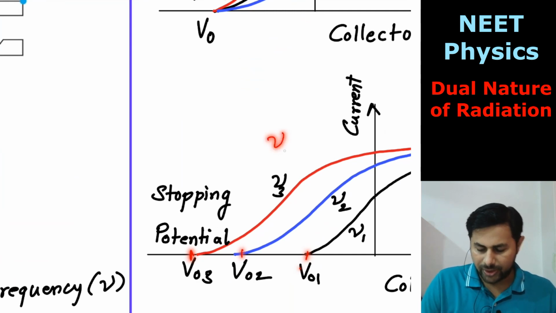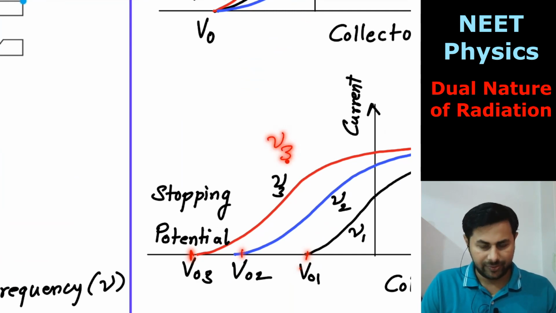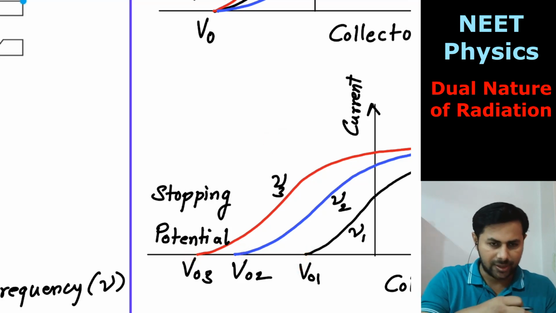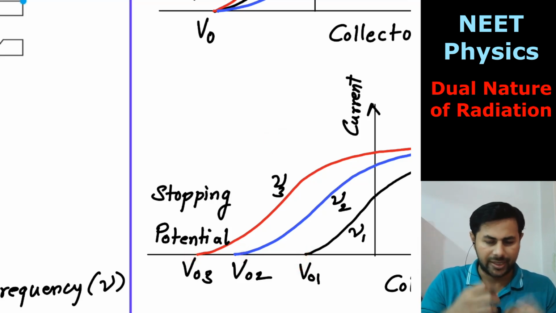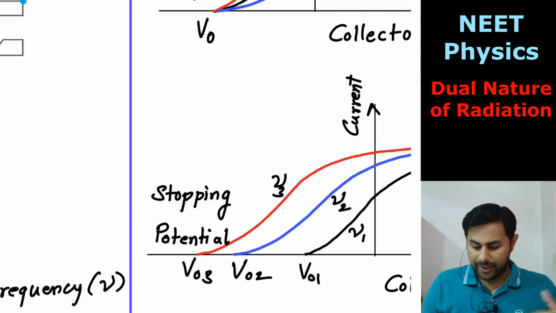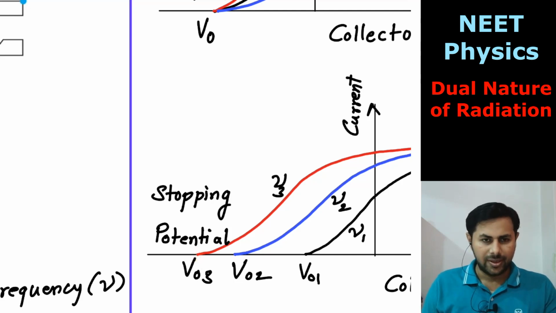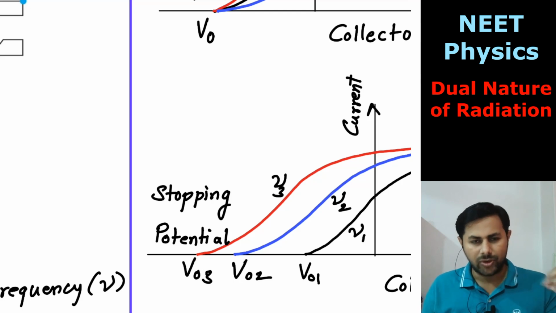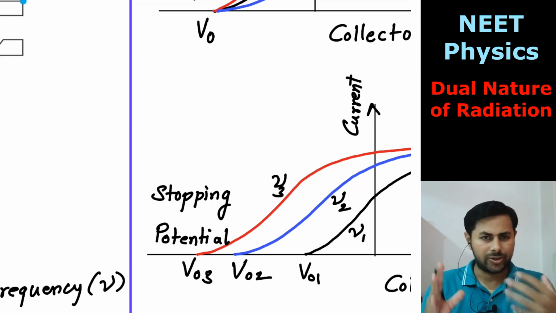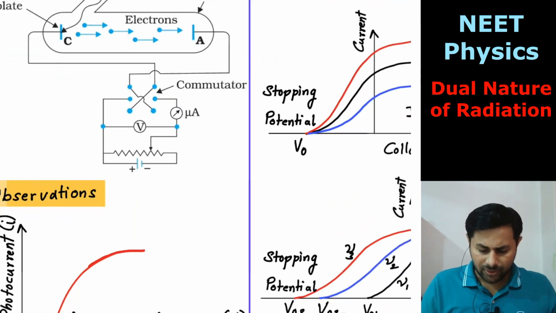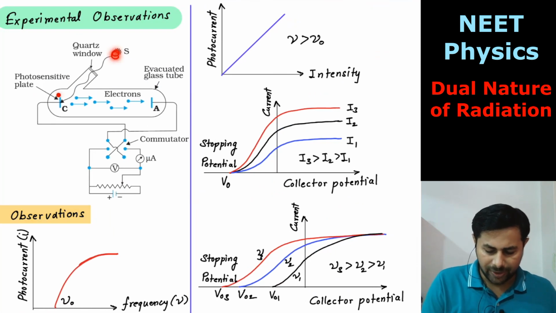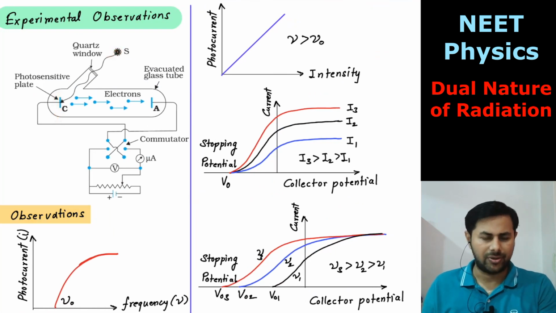So if electrons are incident with light of greater frequency, then the stopping potential for those electrons is greater. What does it mean? Electrons are moving with more kinetic energy, that's why you need more stopping potential. So it means that the energy of electrons increases with the frequency of light.